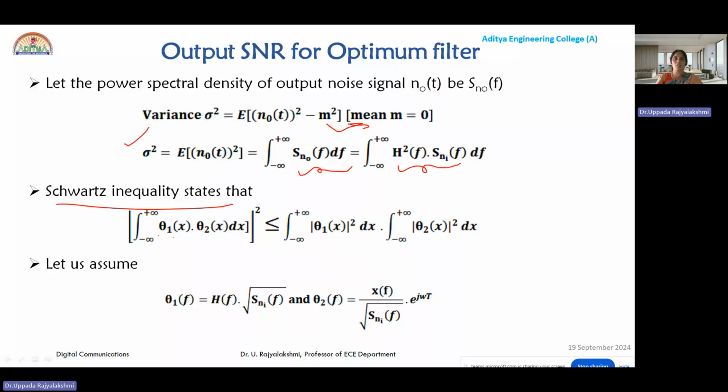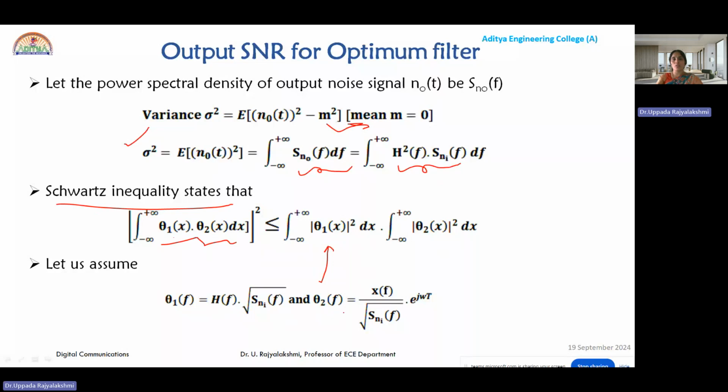That is, the overall product magnitude is less than or equal to the individual products. So in order to write it in the form of the Schwarz inequality, we are assuming theta 1(f) as H(f) into root of the input noise PSD, Sni(f).